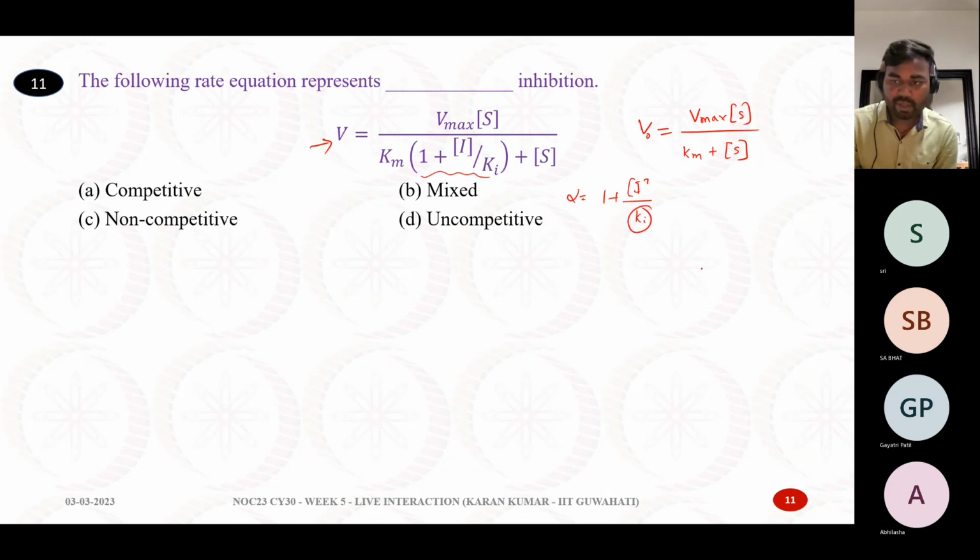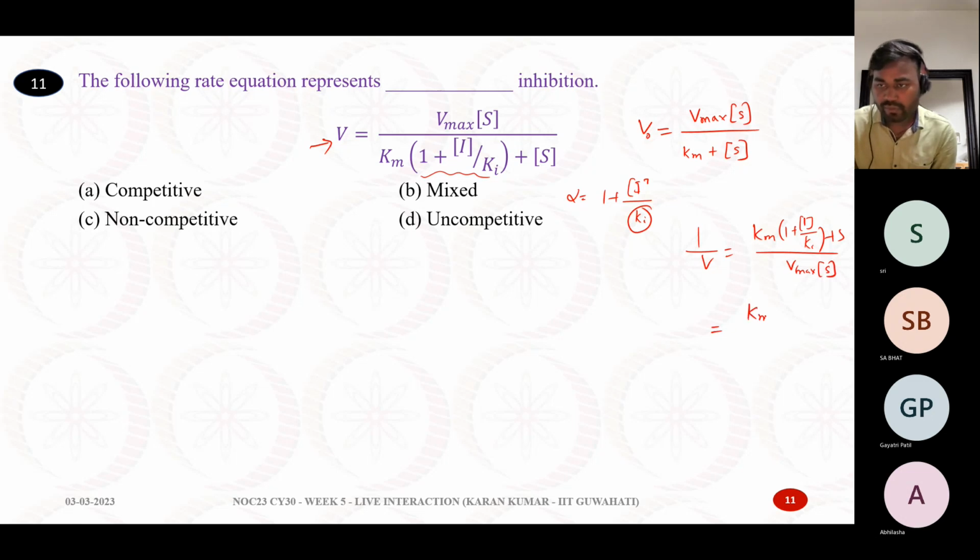If you take the reciprocal of this equation, 1 by V is equal to Km into 1 plus I by Ki plus S, divided by Vmax into S, right? So it will give you Km into 1 plus I by Ki by Vmax, into 1 by S, plus 1 by Vmax. Now is the intercept changing?